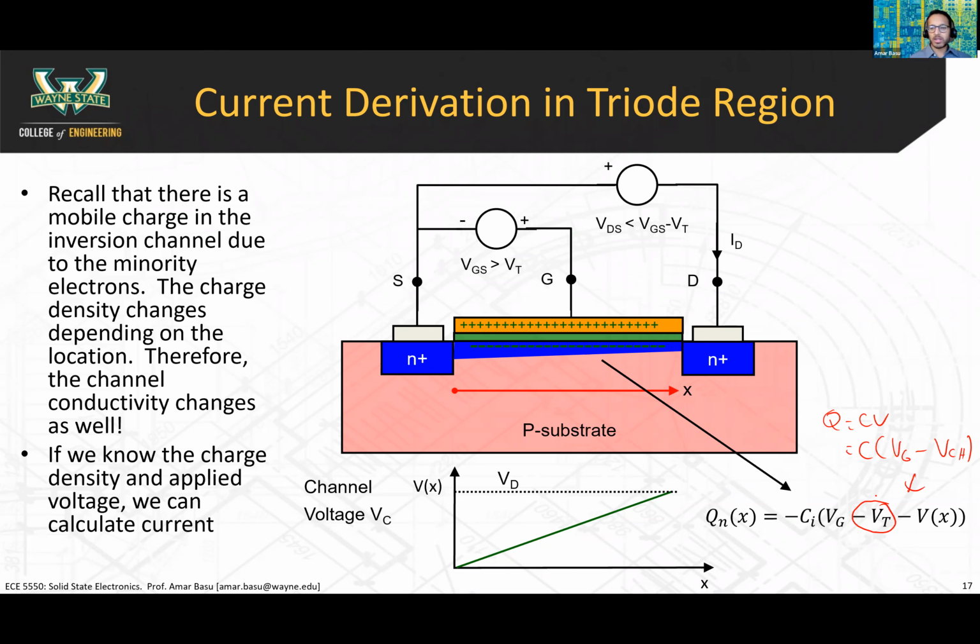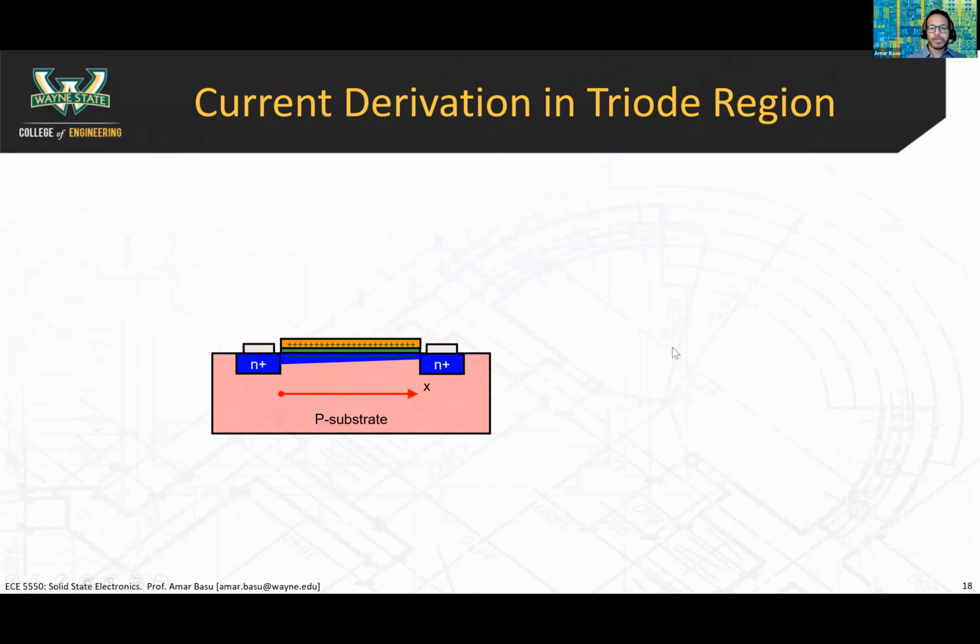That's something I didn't include at the beginning, but this term should be here too, because whether you have inversion or not, you have to exceed the threshold voltage by a certain amount. So that's why this VT term is there as well. So the amount of charge is going to be largest on the left side and smallest on the right side. So this is a quick derivation of the current in the triode region.